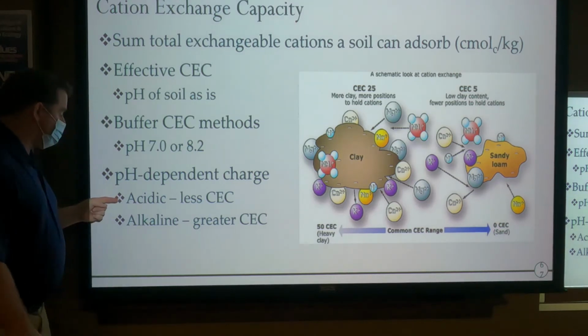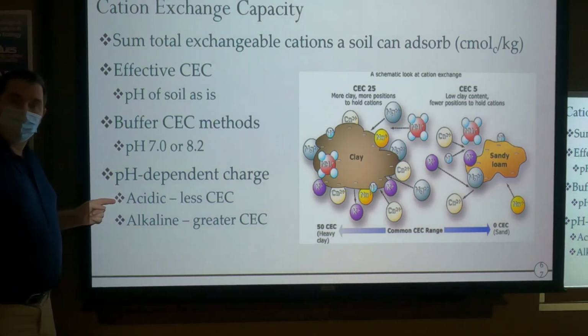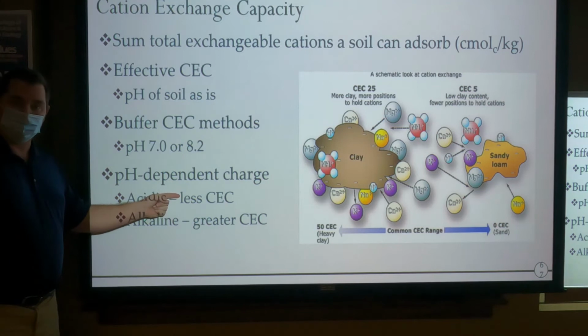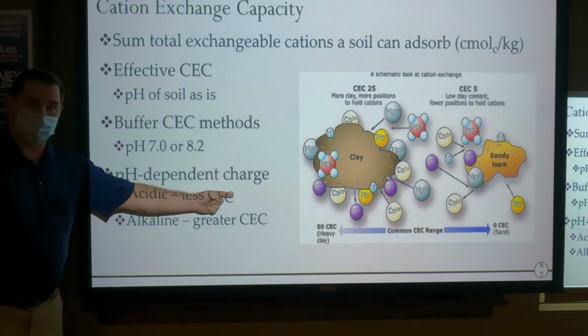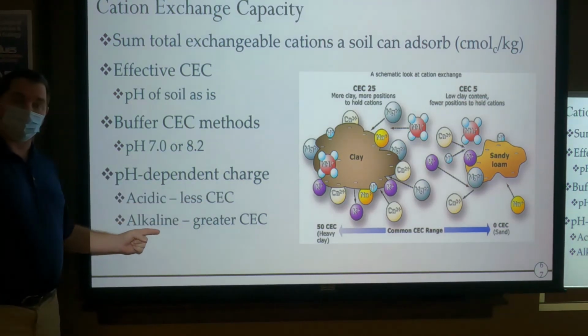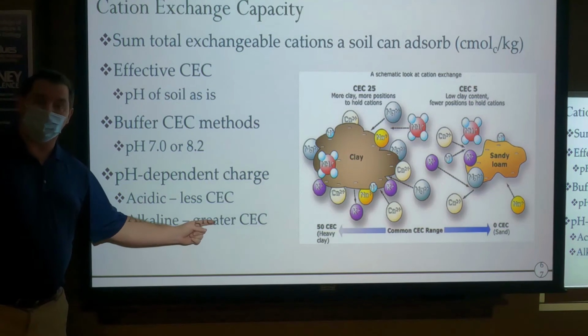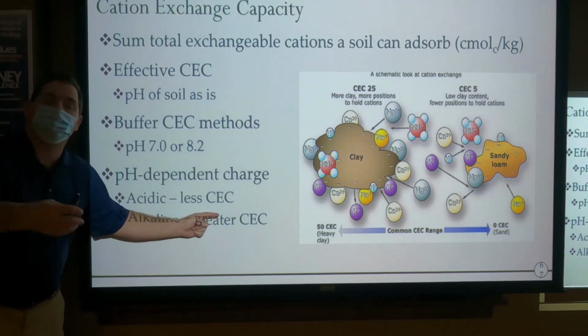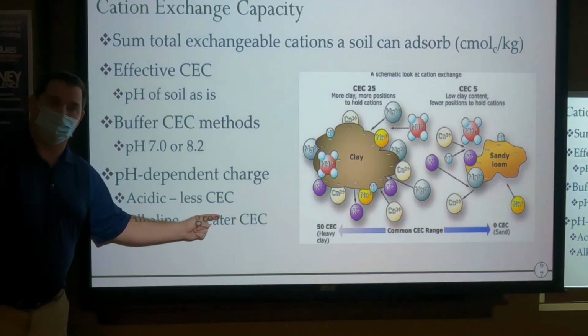Okay, acidic soils, lower CEC. And if our CEC is low, what would you expect the anion exchange capacity to be? High, right? Because this is a balance. And if we have alkaline soils with a high or greater CEC, what would you expect the anion exchange capacity to be?